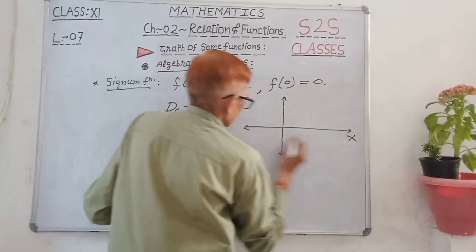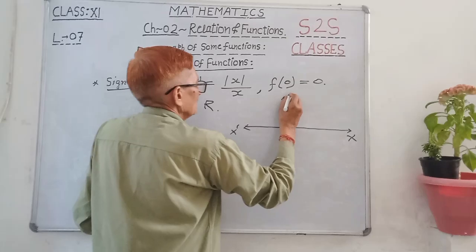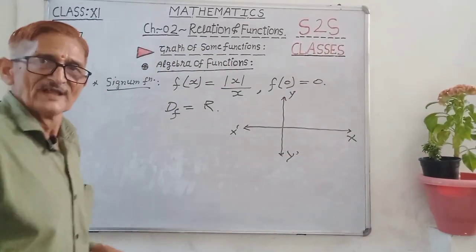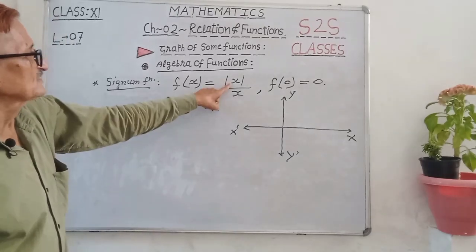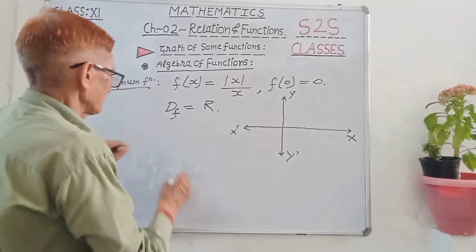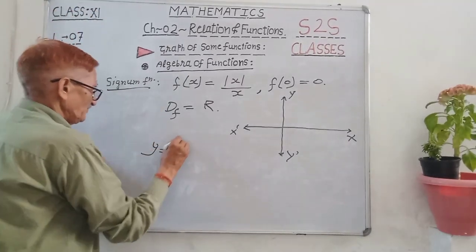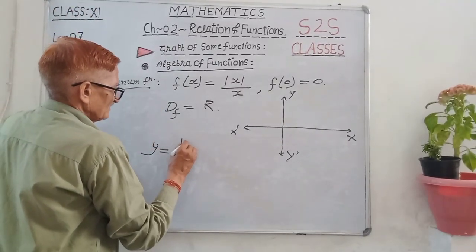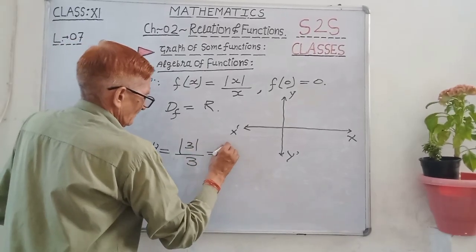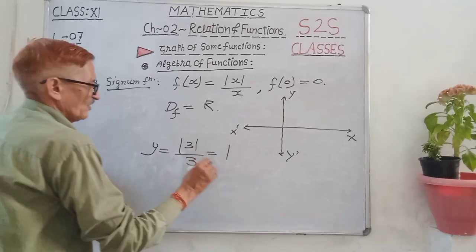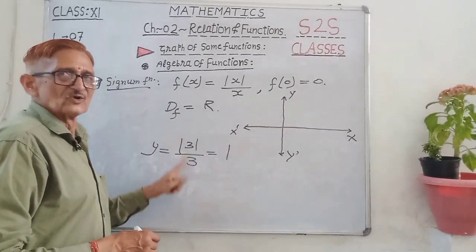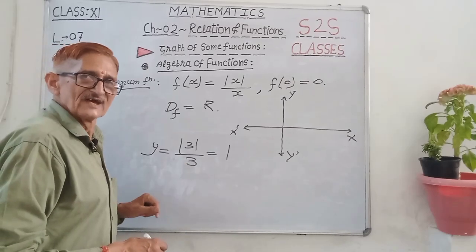Okay, x, negative x, positive y, negative y. Now, if you are taking any positive real number x, then y is equal to 1. If you take 3 upon 3, any positive, then it will be 1, always 1, because positive modulus positive is the same, so 1 will come definitely.